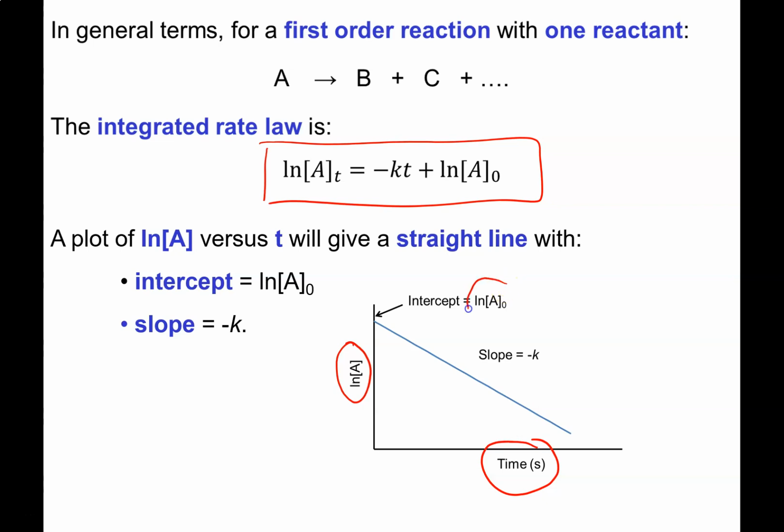The intercept of that line will be equal to the natural logarithm of the original concentration, and the slope will be equal to the negative of our rate constant. For a first order reaction, the rate constant will have units time to the -1.